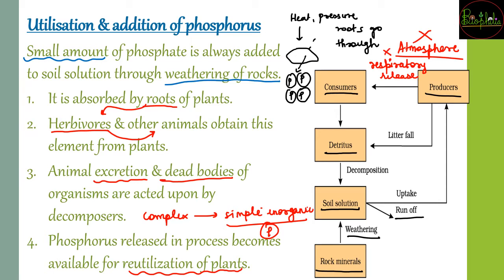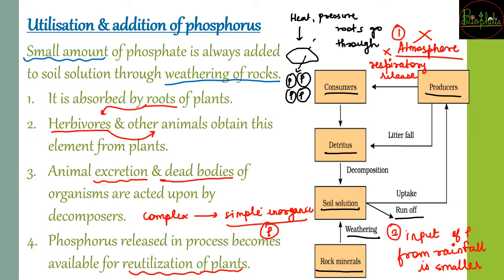And another difference that can be seen from the carbon cycle is the inputs from the rainfall. So the input of carbon dioxide from the rain can be possible, but the input of phosphorus from rainfall is very less. Very rarely is phosphorus going to come from the rain, because the atmosphere is not used there, and because of that the input from the rainfall is also going to be very low.